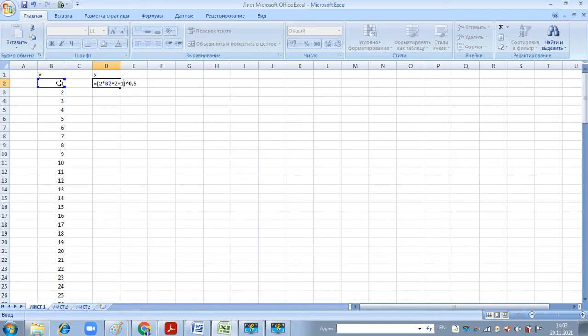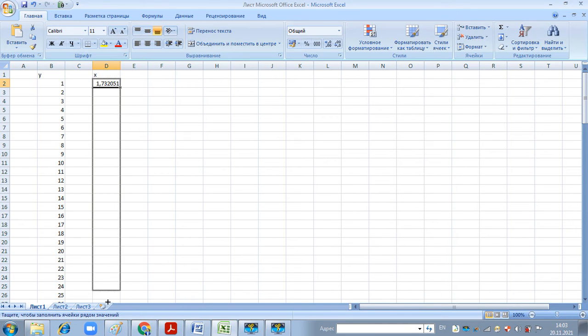By this formula, x equals the square root of 2y squared plus 1. Okay, enter. And this is the first square root.